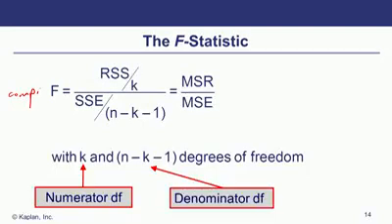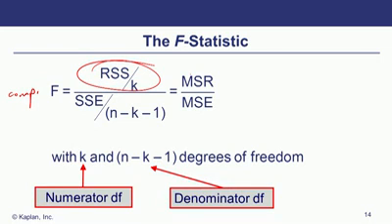Okay, so in the numerator we get the regression sum of squares divided by the number of independents. So think of this, the numerator is essentially the explained variation per independent variable, and that's also known as mean squared regression.